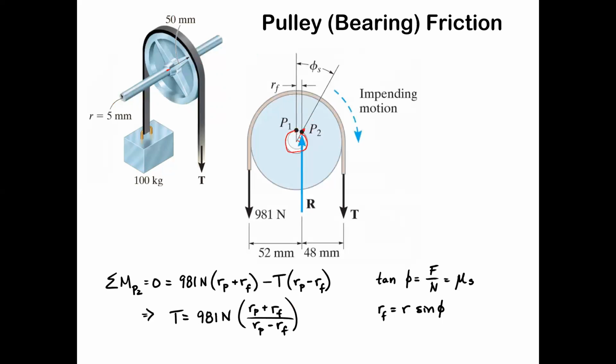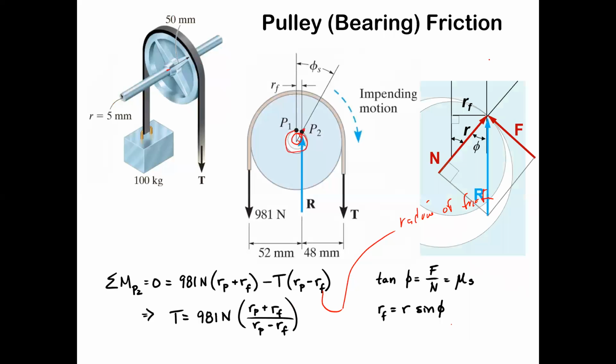But you end up getting an effective radius called RF, the radius of friction. And these have to be given to you in the problem statement. Radius of friction is the radius at which, if you blow this thing up, this circle inside a circle, oh, there's another drawing right here. You can see the tangent point starts to shift, because when you rotate it, it shifts to one side.